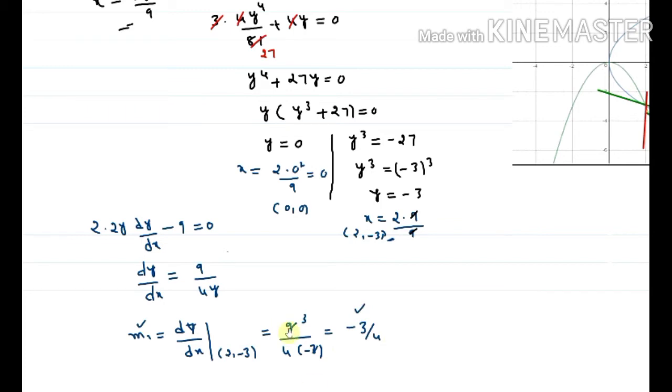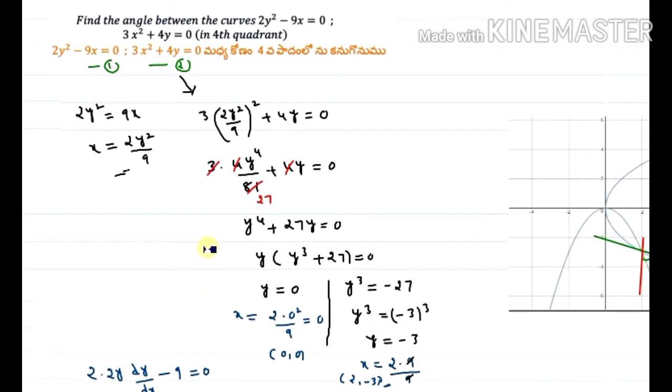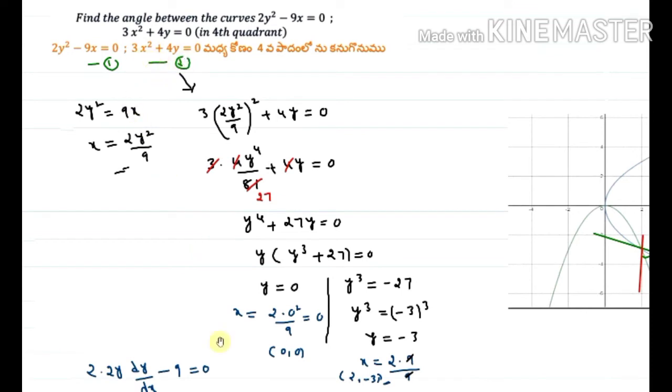Similarly find out m2. For that, differentiate the second curve on both sides with respect to x. In this case I will get 3, x square derivative is 2x, plus 4 into y derivative is dy by dx, equal to 0. 4 into dy by dx is equal to minus 6x. dy by dx is equal to minus 6x by 4.